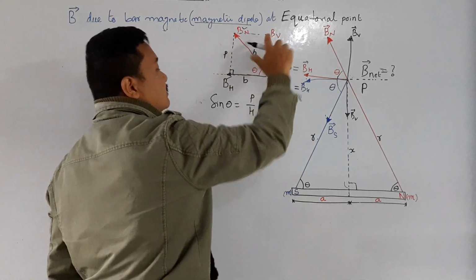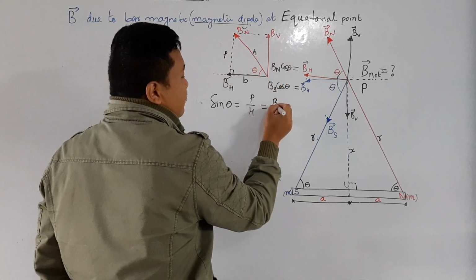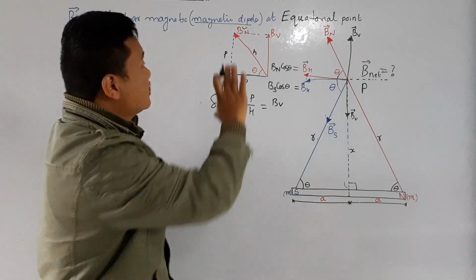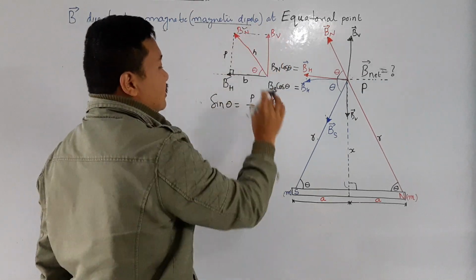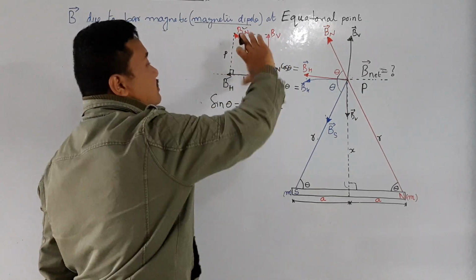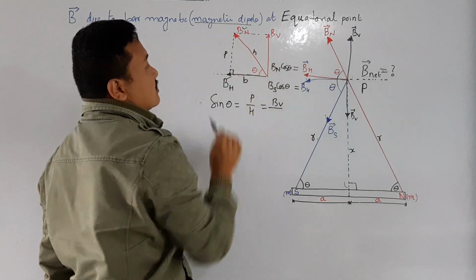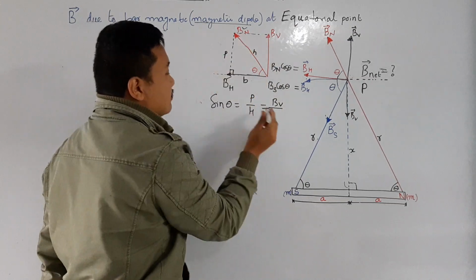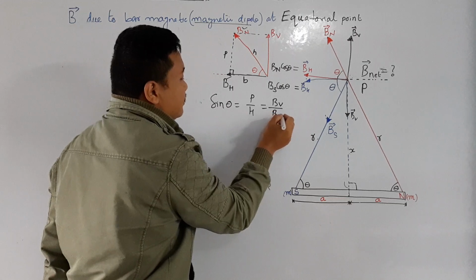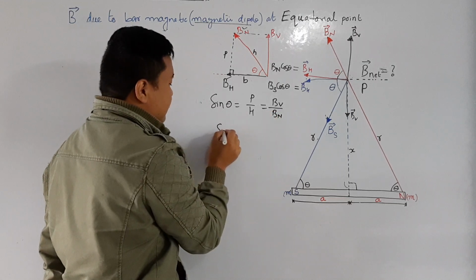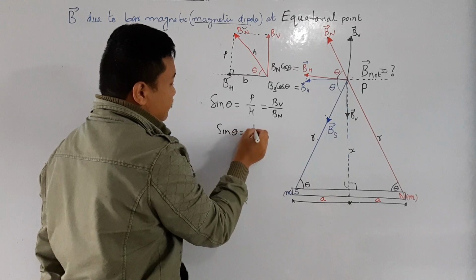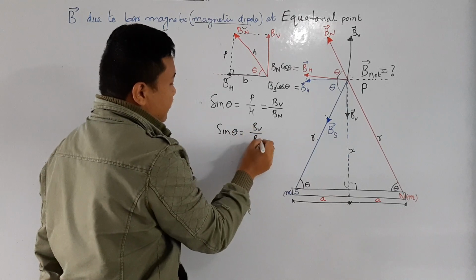So this perpendicular is equal to this BV, and hypotenuse is this one, which is BN. So I get sin theta is equal to BV by BN.